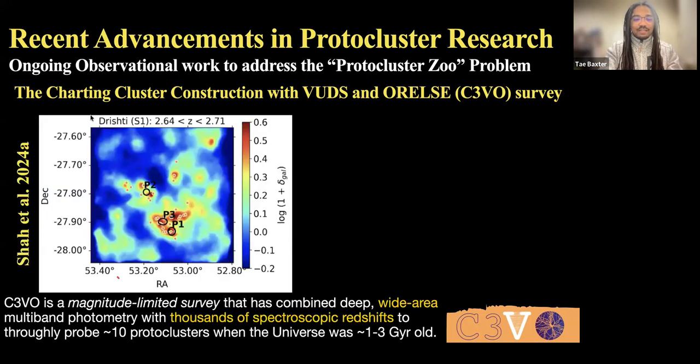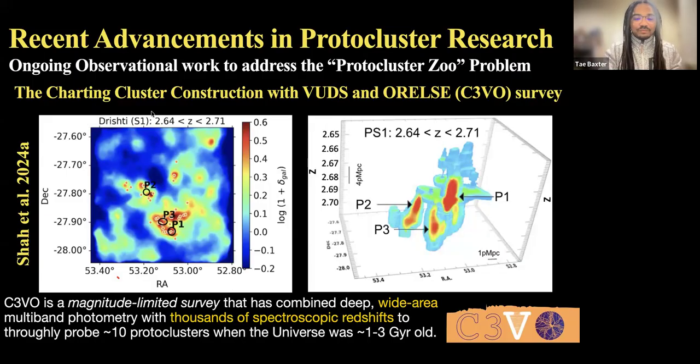This is an example of one of the protoclusters that has been found with the C3VO survey, and we've identified the densest regions. And this is what it looks like in 3 dimensions.